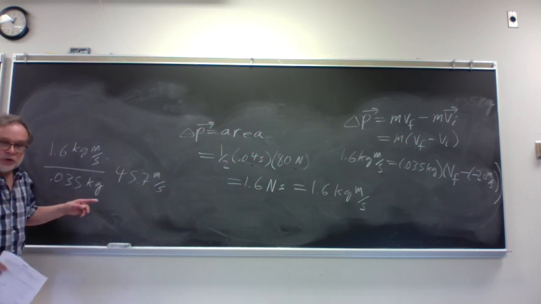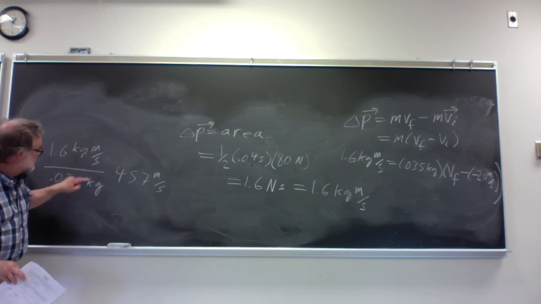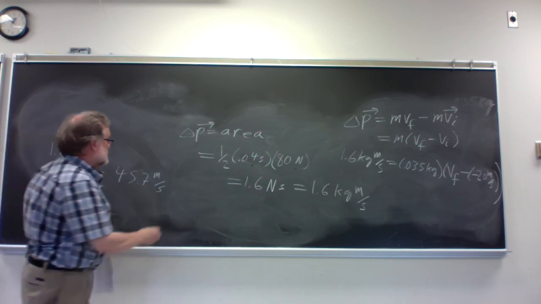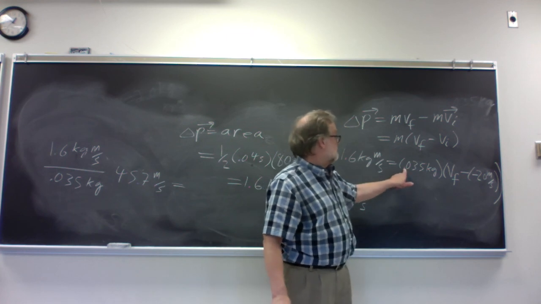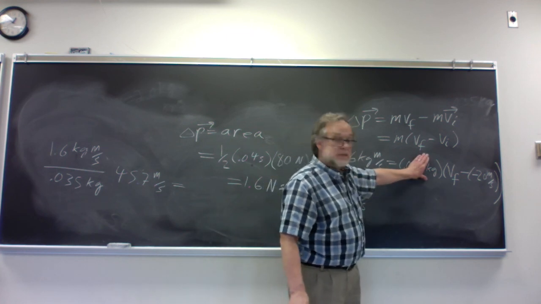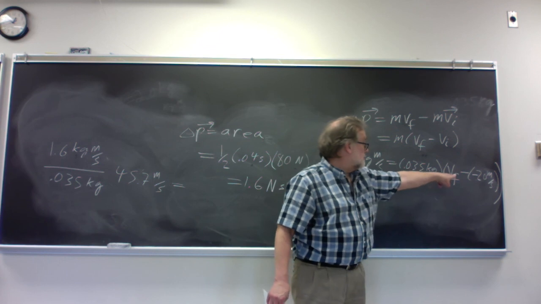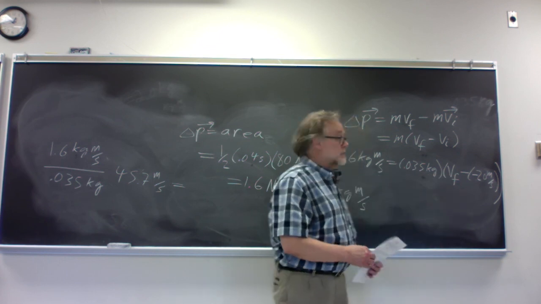Treat unit labels like algebraic variables, so these kilograms cancel out. And that's equal to, well, remember we divided both sides of the equation by 0.035, so this divides away and all you're left with is the difference in velocities.